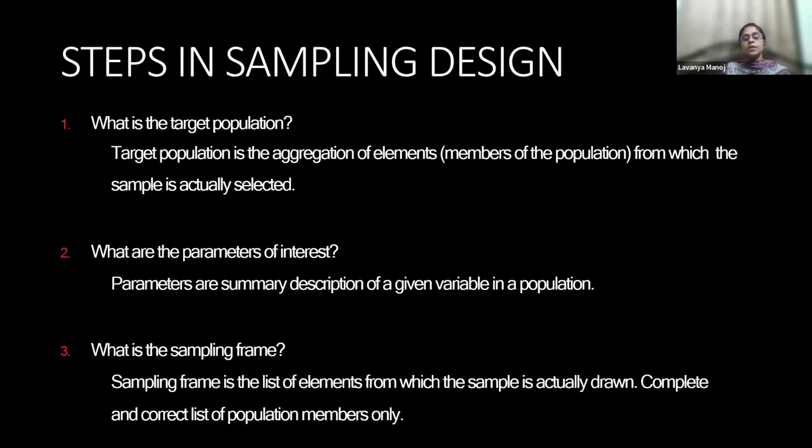Target population is the aggregation of elements, that is, members of the population from which the sample is actually selected. The next step is the parameters of interest. Parameters are the summary description of a given variable in a population. That is, what information you are going to get from them. On which factor will you collect feedback from the target population, the sample?